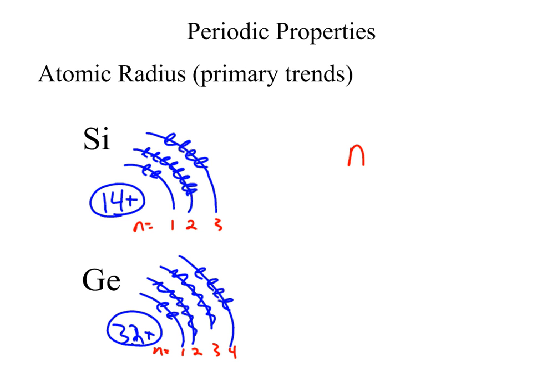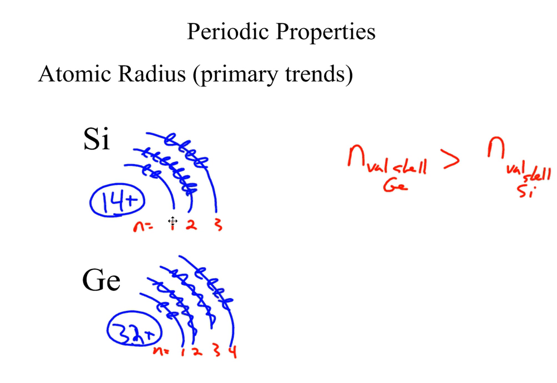So the n of the valence shell for germanium is larger than the principal energy level for the valence shell for silicon. So from that perspective, it seems like germanium would be the largest.